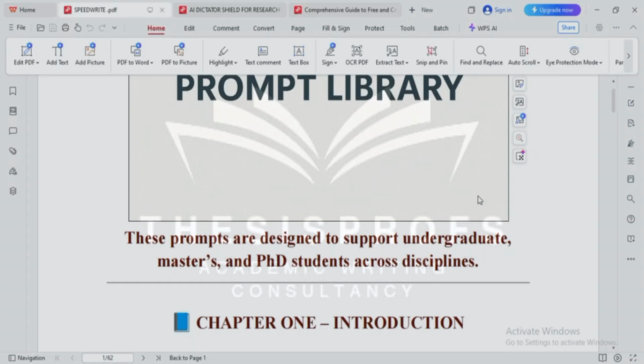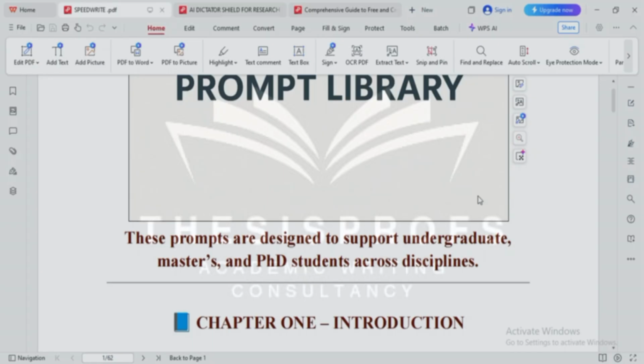You must understand that chapter 1 lays the foundation of your entire work. It includes your background to the study, problem statements, the research objectives, aims, the questions, the significance, the scope, and more. So if you get this chapter right, every other chapter flows more logically.